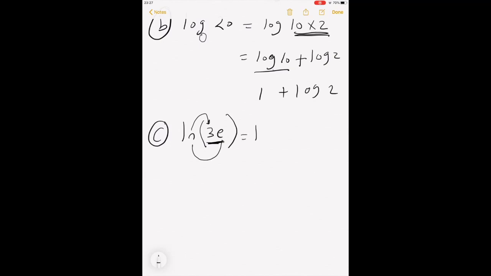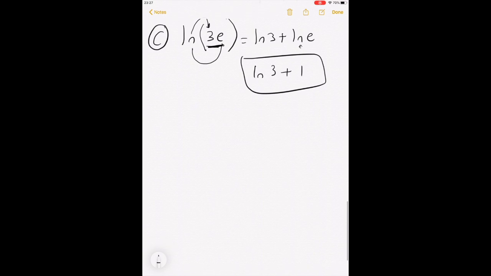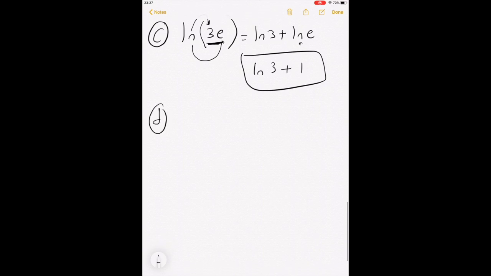That means ln 3, multiplication should be plus ln e, and whenever you get ln e, we said that because e to the power of something gives you e, that means it must be 1. That means the answer for that one is ln 3 plus 1. That's the answer. Let's look at D. D says log to the base of 3 of 27.